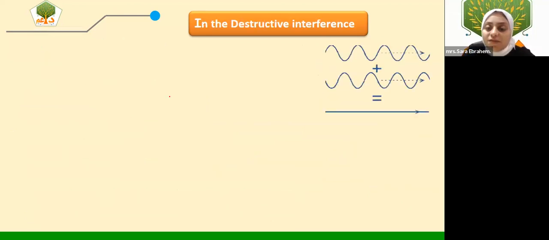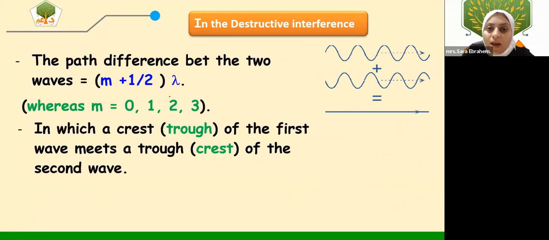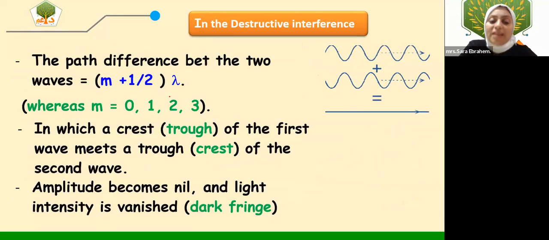And destructive interference happens when crest meets trough, when crest meets trough. So there is a half wave. There is a half wave.